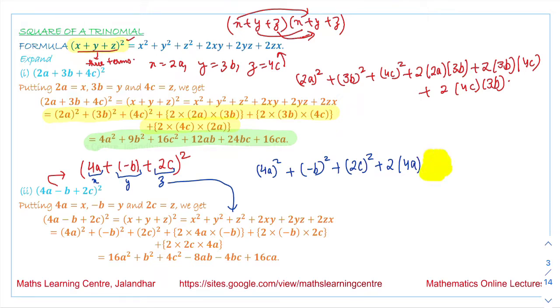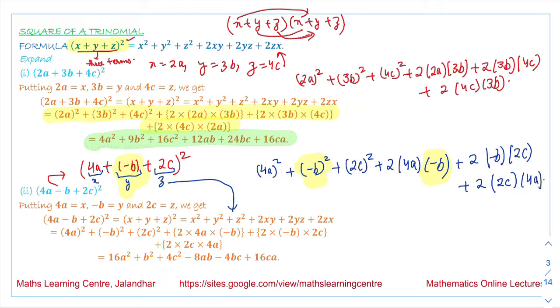This is important over here, that it is minus b. Then the next term will be plus 2 times y into z, it is minus b into 2c, and the last term is 2 into z into x, which is 2c into 4a.